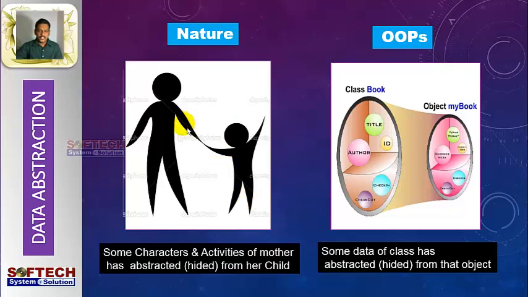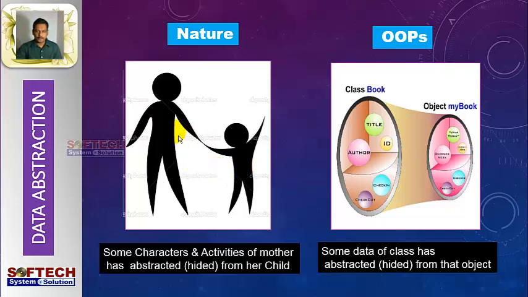That is, in nature, the data abstraction. In nature, parent and child: parents have some habits, diseases, characters, and activities. All those characters and activities are derived to the child. That child has all the characters, activities, diseases, and habits stored in the DNA of that child. This is nature's way.